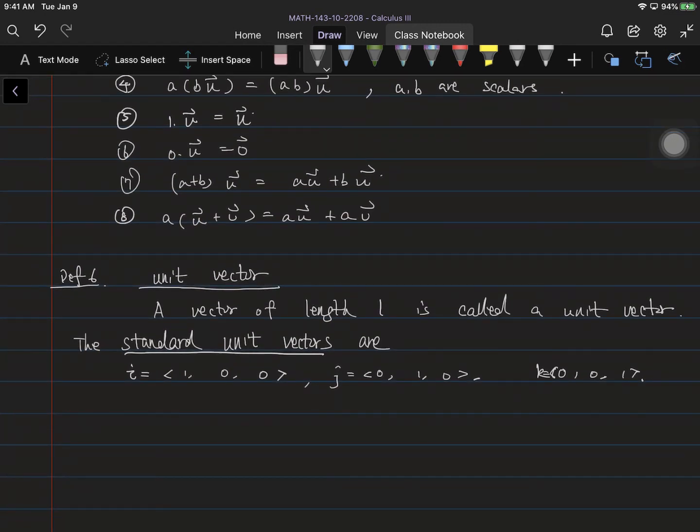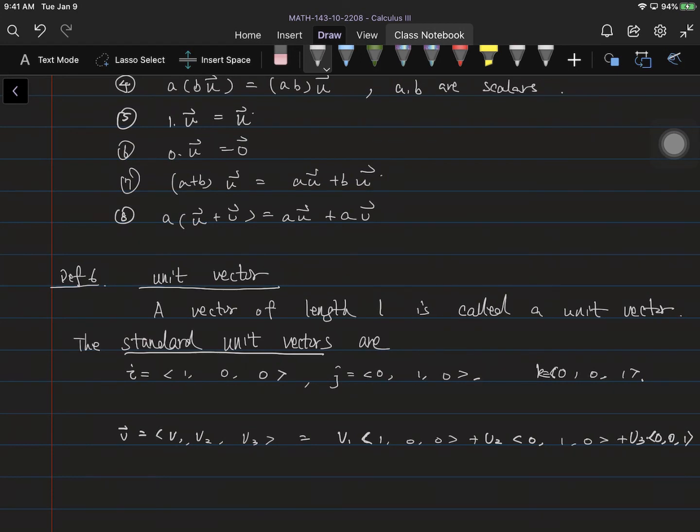Now let's take a look at a general vector. If our general vector has components v1, v2, v3, we can write this as the sum of v1 times 1, 0, 0 plus v2 times 0, 1, 0 plus v3 times 0, 0, 1, because v1, v2, v3 are scalars.